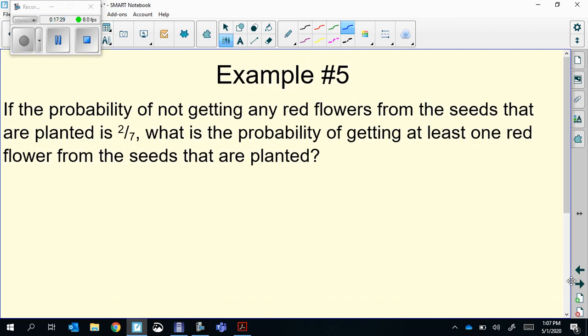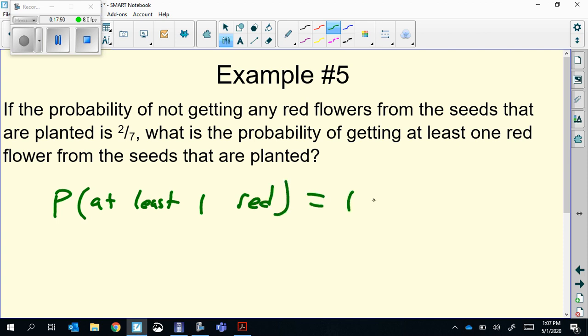So if the probability of not getting any red flowers from the seeds that are planted is 2/7, what's the probability of getting at least one red flower from the seeds that are planted? So at least one is going to be 1 minus the probability of no red.